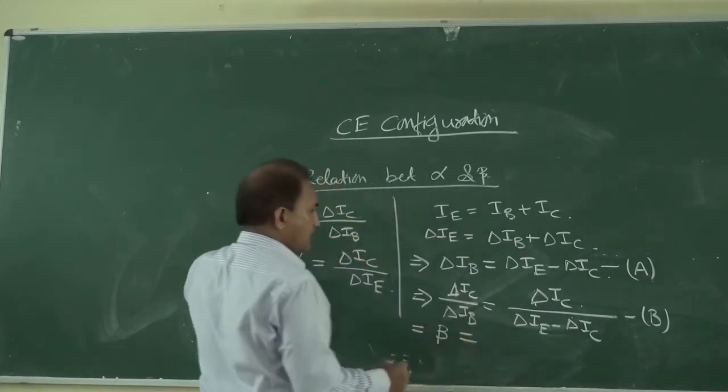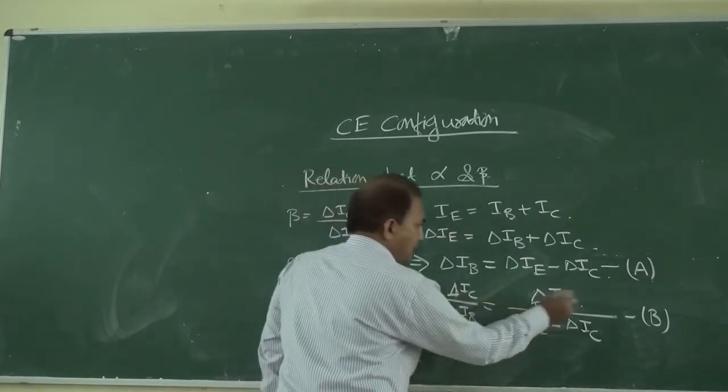Beta is equal to del IC divided by del IE minus del IC.